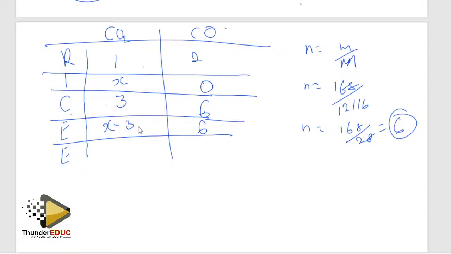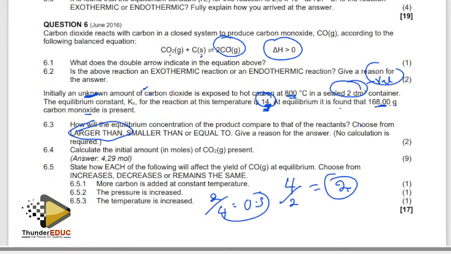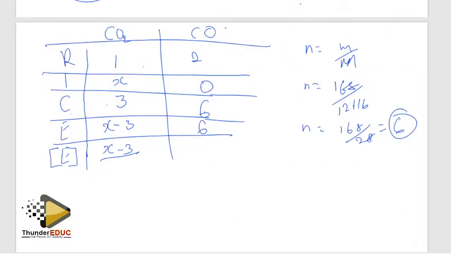You understand? So now this is the concentration. So the concentration at equilibrium is gonna be X minus 3 divided by the volume. This volume I talked about, this meter cubed, which is 2, and then 6 divided by 2. You see, 6 divided by 2.